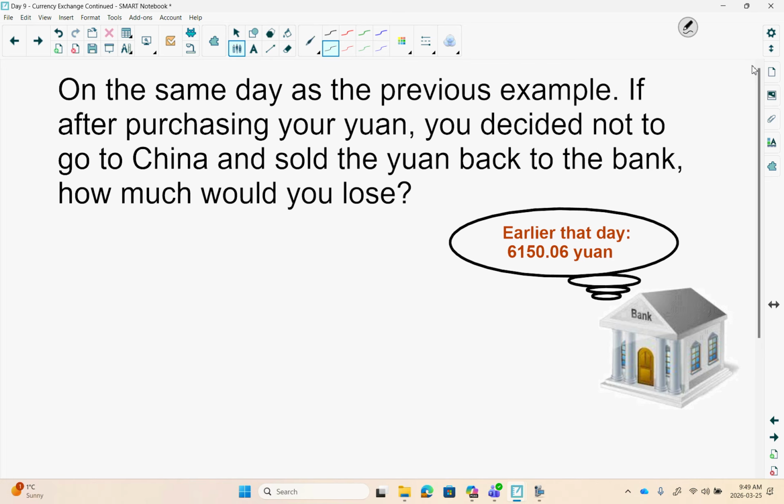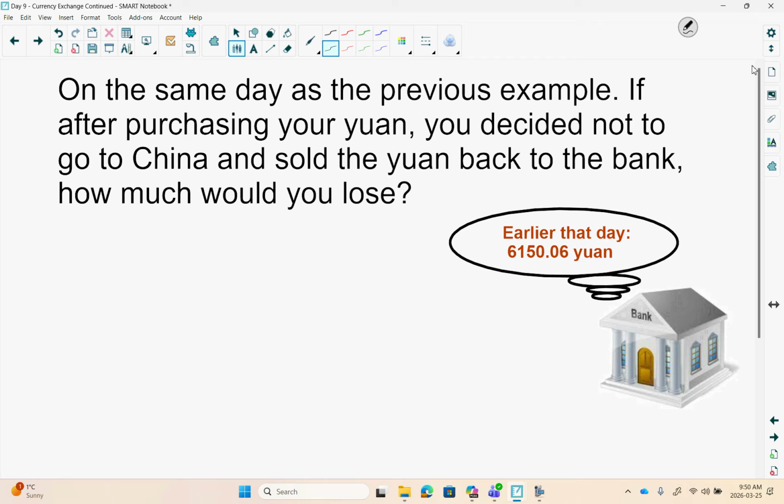Okay, on the same day as the previous example, if after purchasing your yuan, you decided not to go to China, something came up, something obviously big if you have to cancel a trip to China. And then you go to the bank, you've got your Chinese currency, you don't want it, it's no good to you here in Canada, so you sell it back to the bank. And you want to figure out how many Canadian dollars you're going to get back.